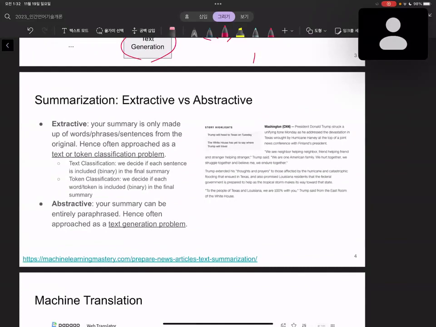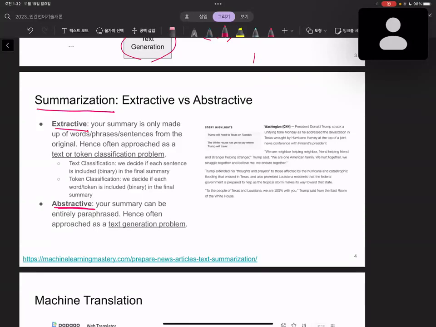Okay, here is the summarization task. So what is summarization? That is, we summarize the given text into a shorter text. There are two approaches to solve summarization.